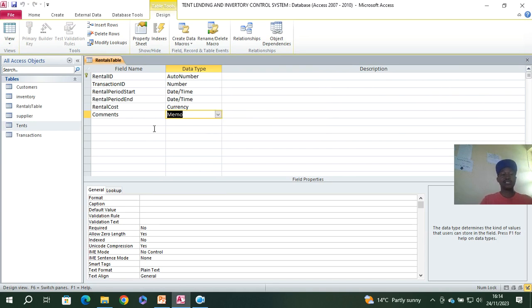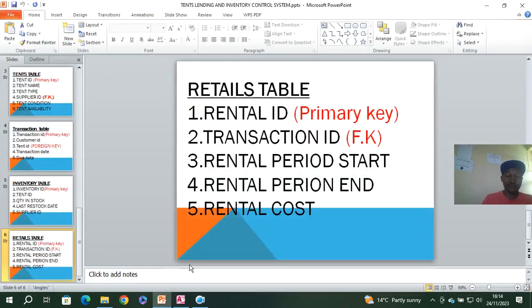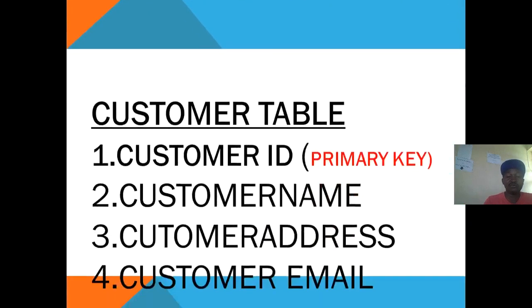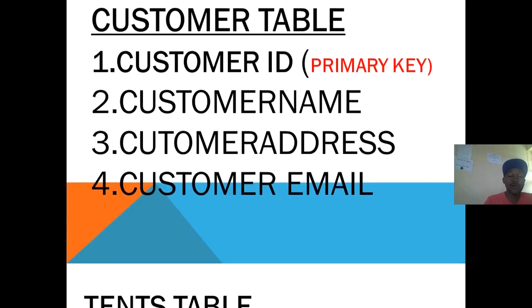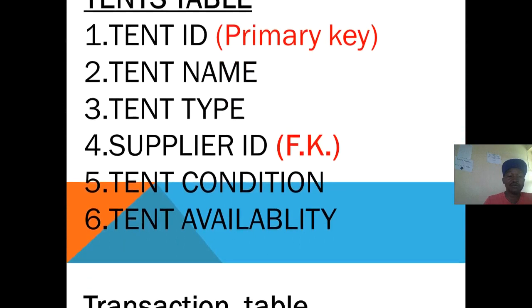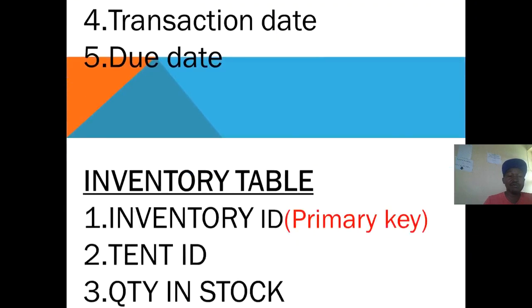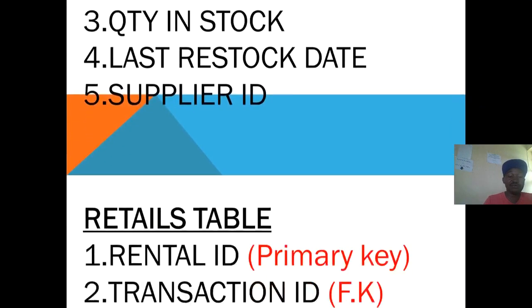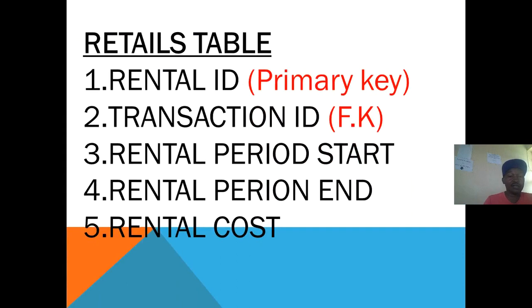So these are the tables that are involved, guys, just like we have looked at them one by one from this point here. You can notice that these are the tables: customer table with the fields, transactions table, inventory table, and the rentals table.